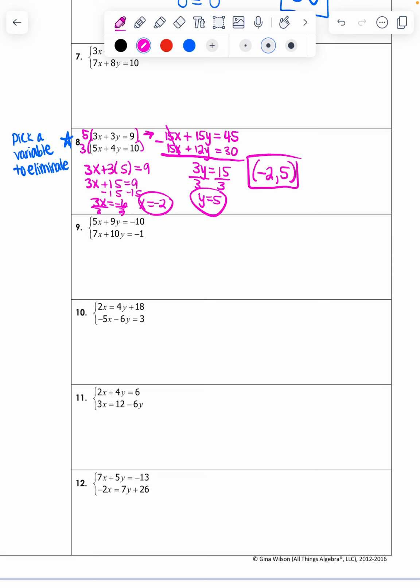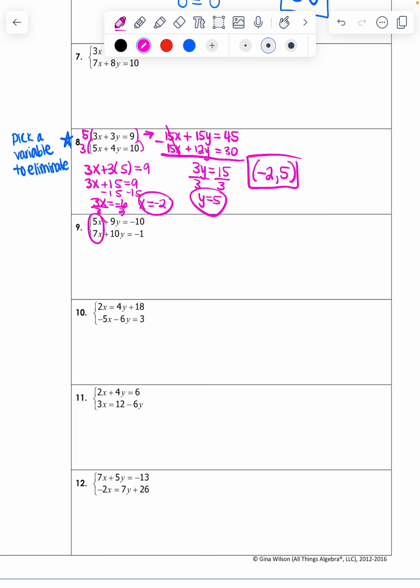If I look at the x's, 5x and 7x, the multiples of 5 are 5, 10, 15, 20, and so on. Multiples of 7 are 7, 14, 21, and so on. The least common multiple of 5 and 7 is 35, which is the same as multiplying 5 by 7, and 35 is not a bad number, it's kind of small.